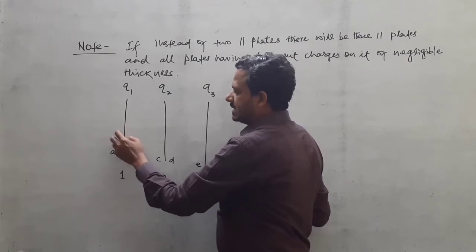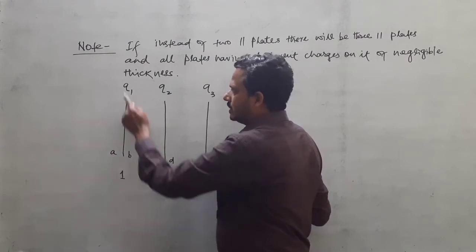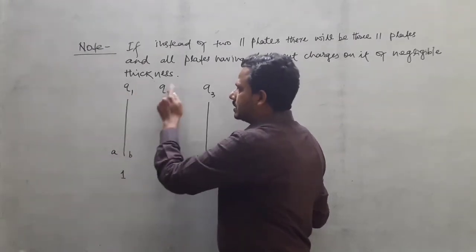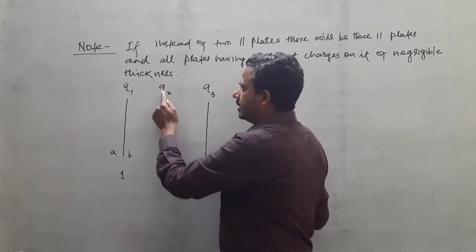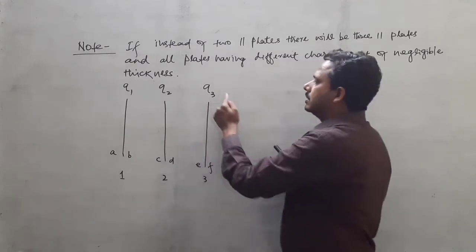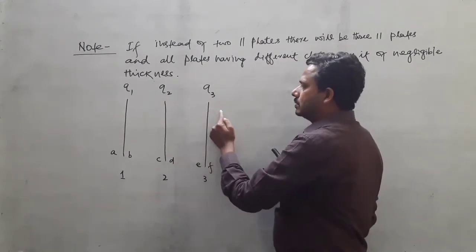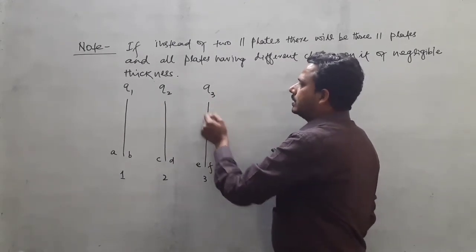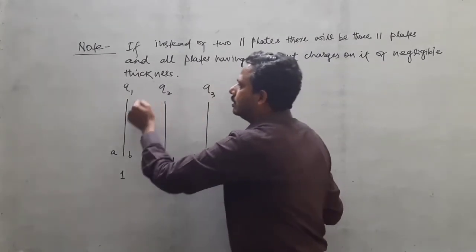So it is one face out of two, so that will be Q1 by 2. Same in this case, there is Q2 by 2 here, Q2 by 2 here. This one is the same, Q3 by 2, Q3 by 2. That is altogether Q3, altogether Q2, altogether Q1.